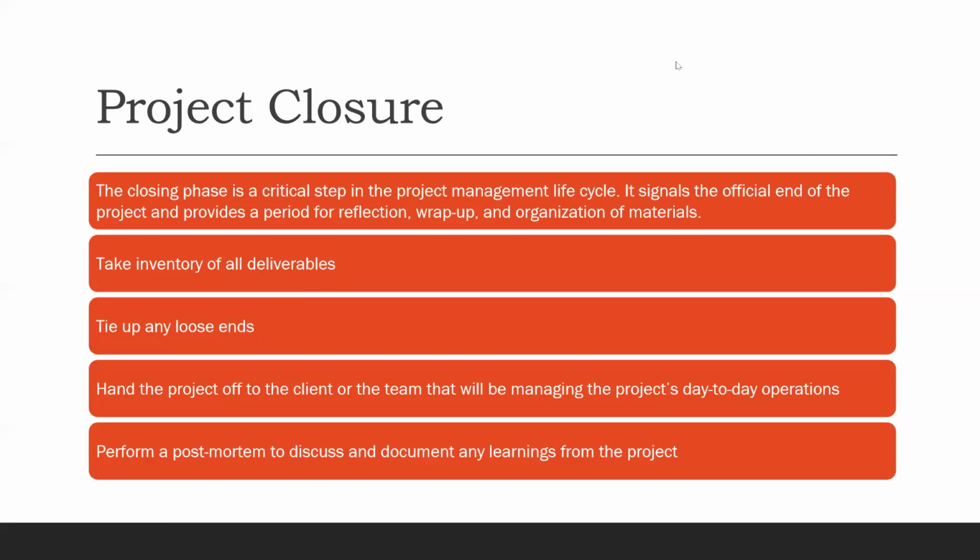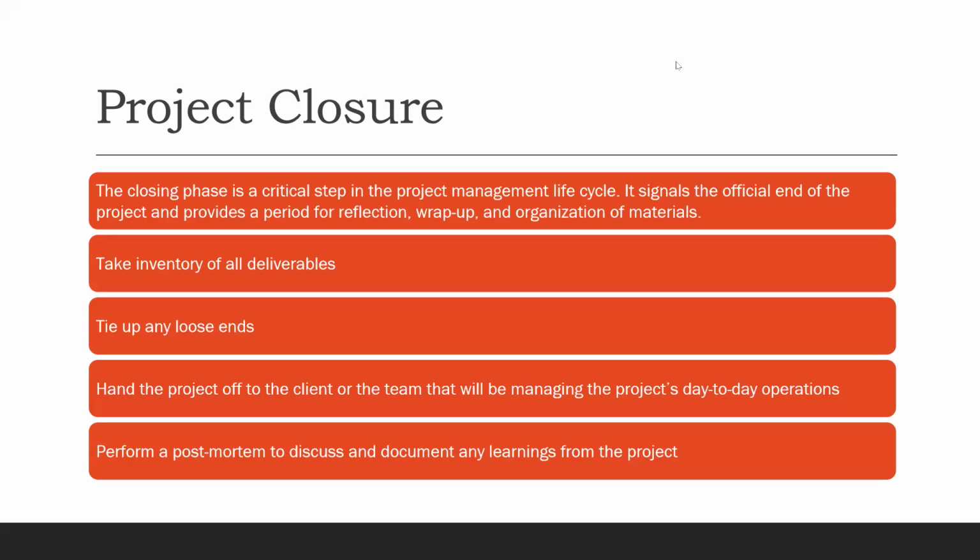We see the closing phase is a critical step in the project management life cycle. It's not just a matter of closure, ending of reports, no. It signals the official end of the project, and it provides a period for reflection, wrap up, and organization of materials. I gave an example of an exit strategy.